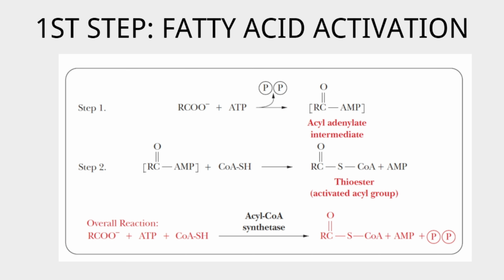First step is fatty acid activation. You need to activate your fatty acid first. This is your fatty acid. You need to react it with ATP first to form an alkyl adenylate intermediate. This intermediate will react with coenzyme A to form a thioester, an activated alkyl group.